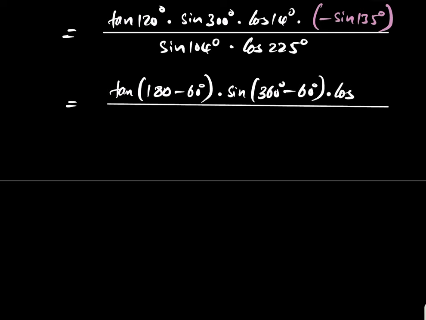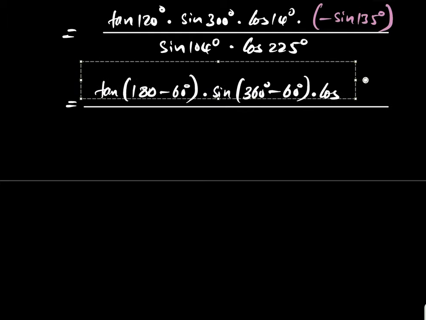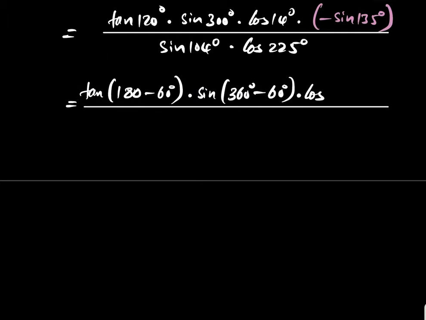You can keep it. You don't really use reduction on angles that are less than 90 degrees, I hope that you know, so you can keep that. And then that is going to be cos of 14 degrees multiplied by, be careful there, that is minus sine of 180 degrees minus 45 degrees.